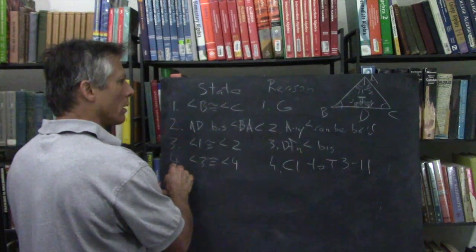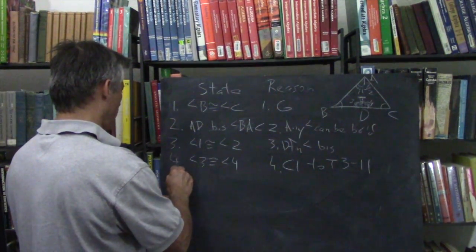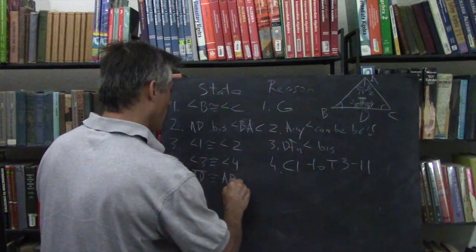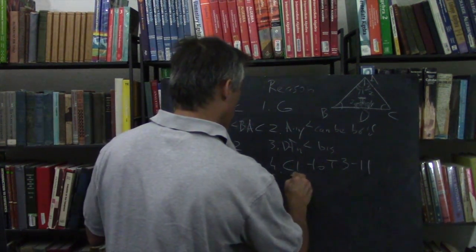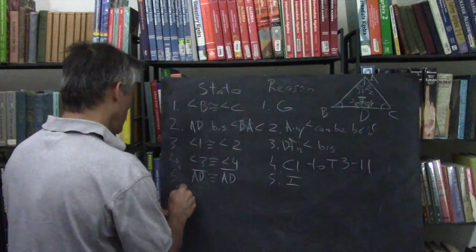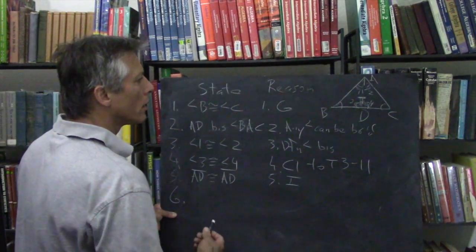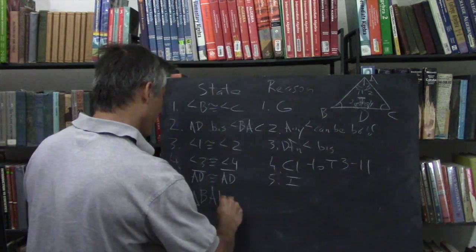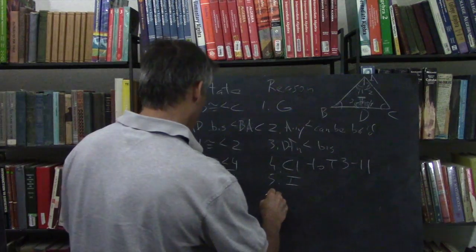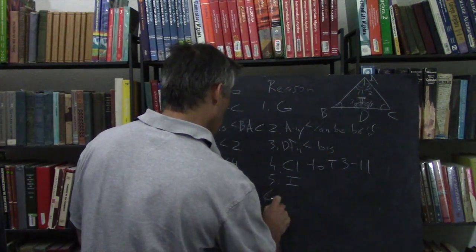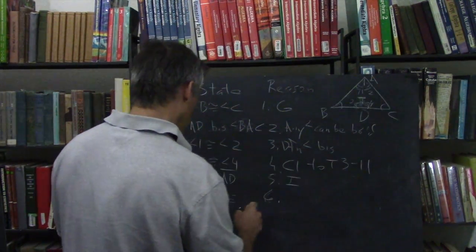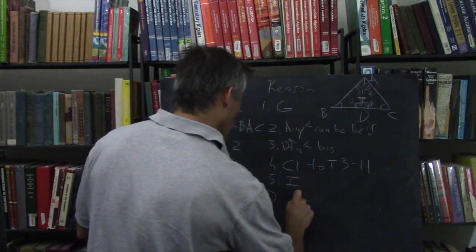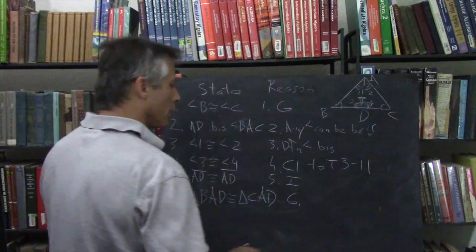We've got to put down that AD is congruent to itself, by identity. Then triangle BAD is congruent to triangle CAD, and that's the angle side angle theorem.